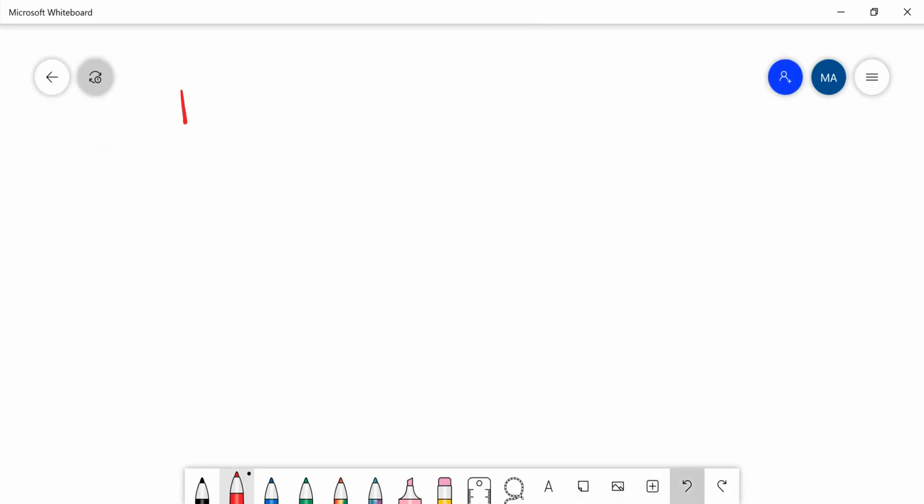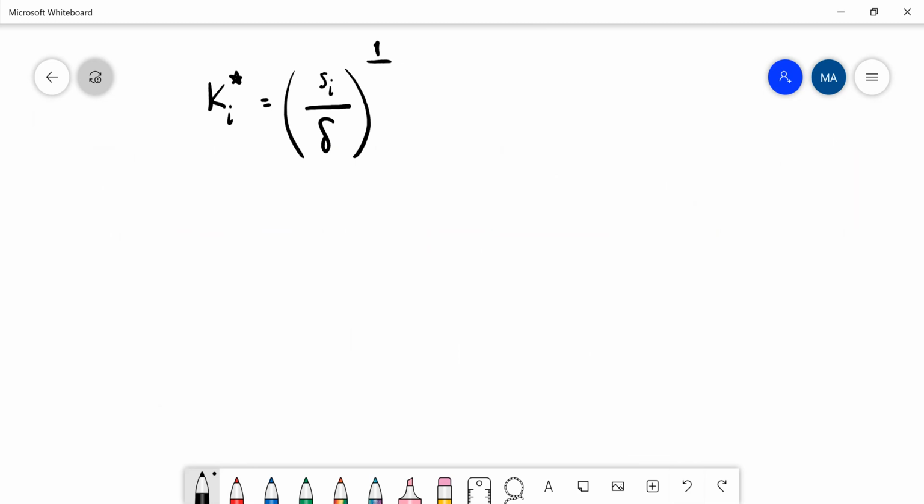So k_i* will be (s_i/δ)^(1/(1−α)), right? And k_j* will be (s_j/δ)^(1/(1−α)), because α and δ are the same. Saving rates are different, right?